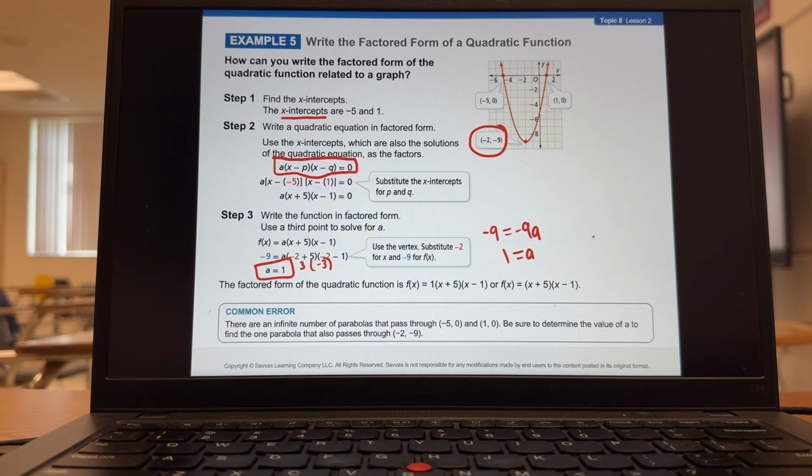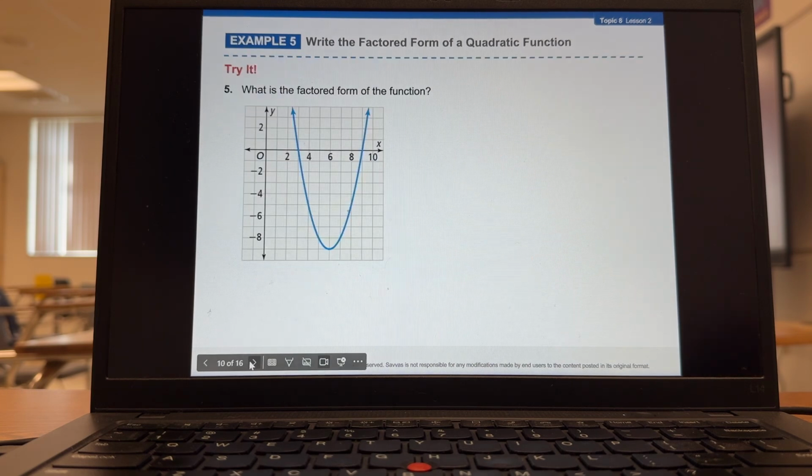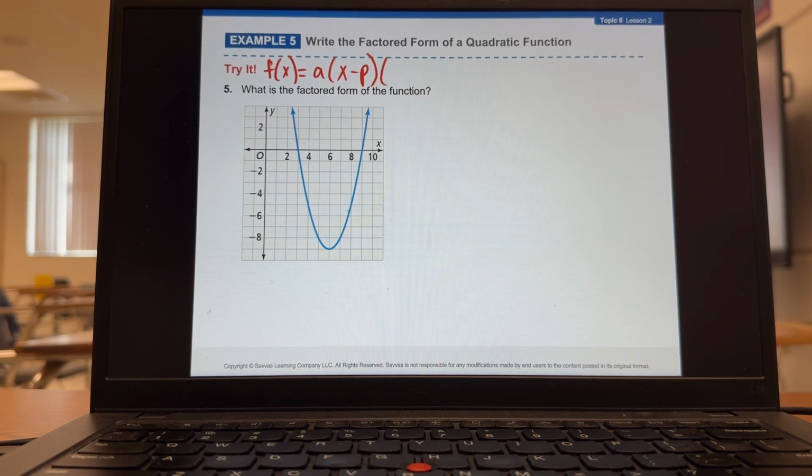So here's a try it question. What is the factored form of the function? My final answer needs to look like this: f of x equals a times x minus p, parentheses, times x minus q.